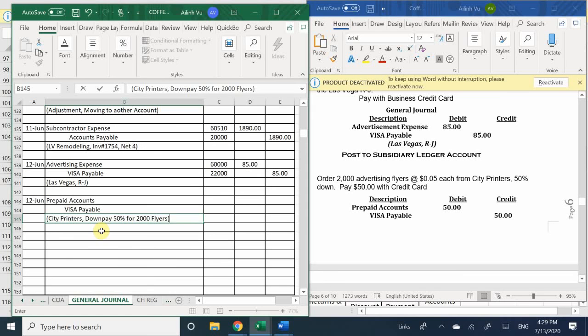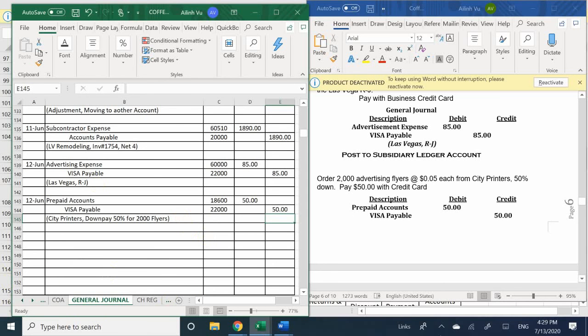And then 18,600 is the accounts payable, the prepaid accounts. And then my Visa payable is going to be 22,000. And I'm paying $50 for the down payment. All right. Nothing else I need to indicate.